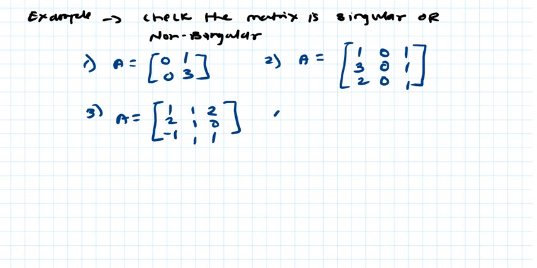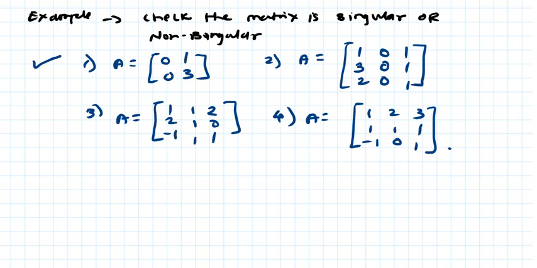Okay, fourth example, matrix A is suppose 1 2 3 1 1 1 minus 1 0 1. Okay, now check whether the matrix A in all four examples are singular matrices or non-singular matrices.